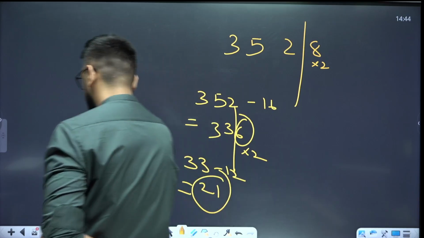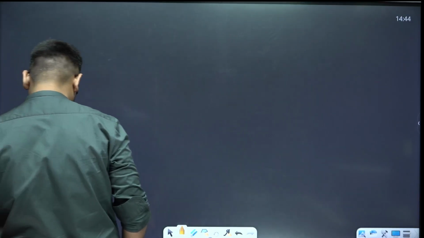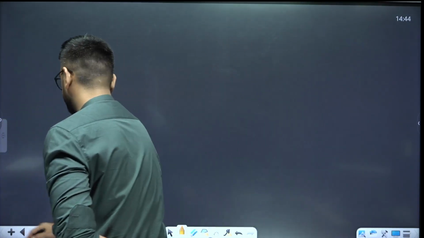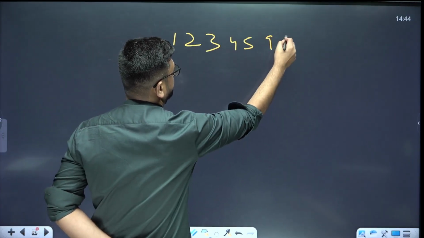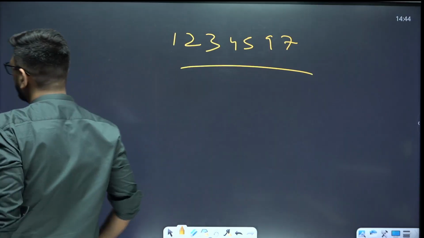All right. The last question. 1, 2, 3, 4, 5, 9, 7. Check whether it is divisible by 7 or not.